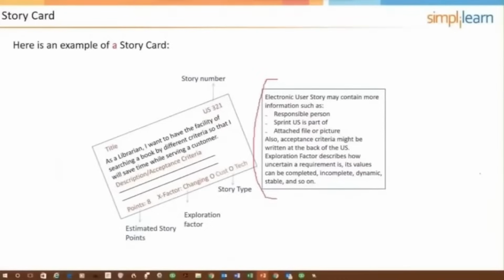It could even include a responsible team member, or depending on how you're doing it, you would break the user story down into tasks, and you might have team members assigned to various tasks for the user story. Okay, so that's typically what a user story card is like. Sometimes they're cards, sometimes they're on sticky notes, and they're put up on a Kanban board if you're using Kanban to track the project.